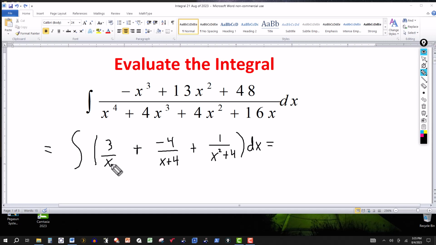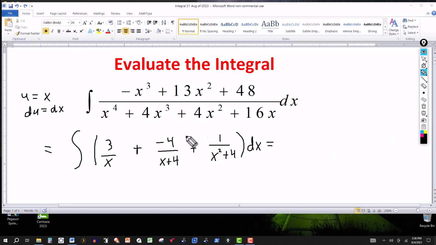Again, you can do a u substitution for these first two, but you don't really need it, because if you let u equal to, say in the first one, x, du would be the derivative of x, which is 1, so this would be dx. So this would just give you the integral of constant 3. You can just factor that out, 1 over u, and that has an integral of natural log of absolute u.